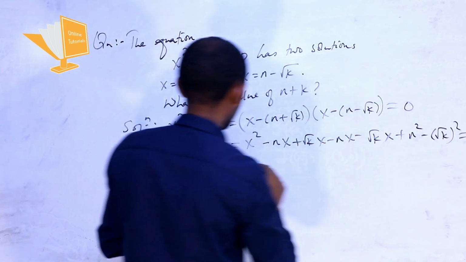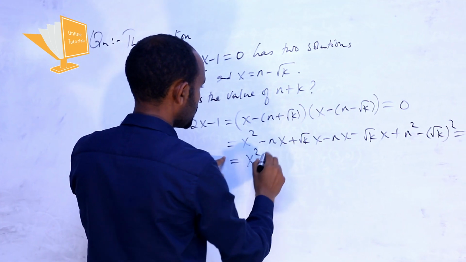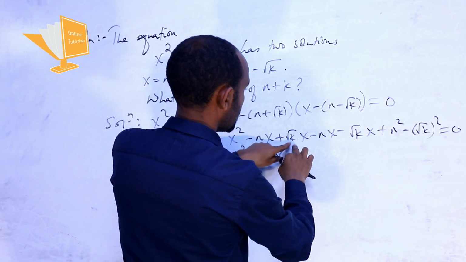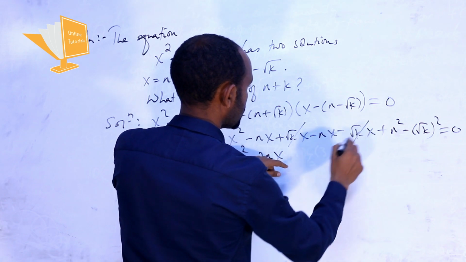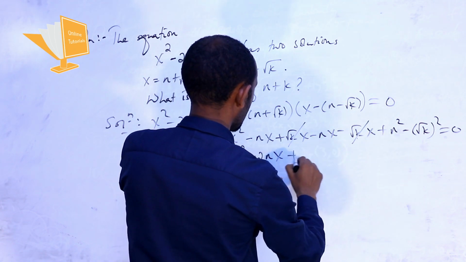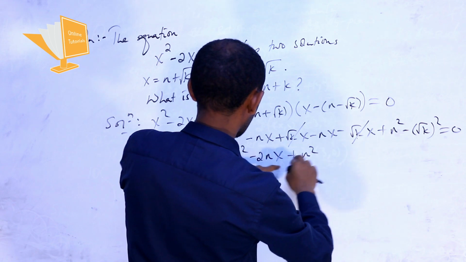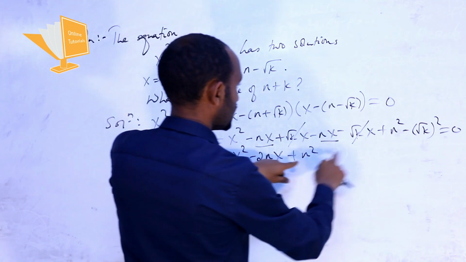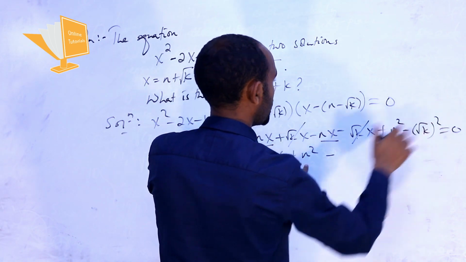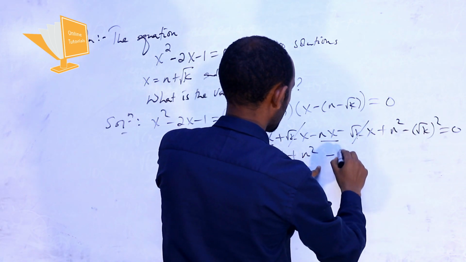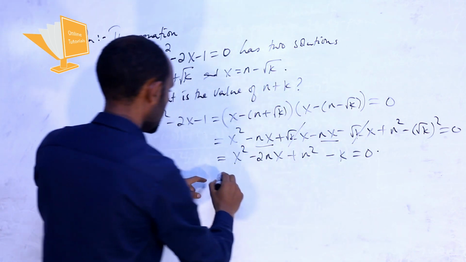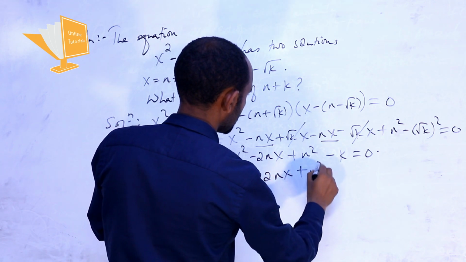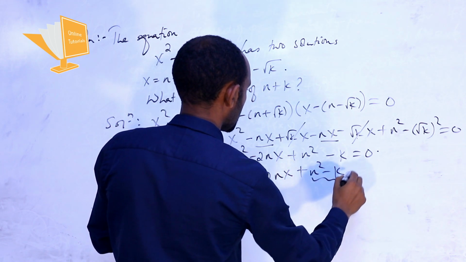This is equal to x squared minus 2nx, the root k terms cancel, plus n squared minus root k squared, which is k. So this is x squared minus 2nx plus n squared minus k, where n squared minus k is the constant term, equal to 0.